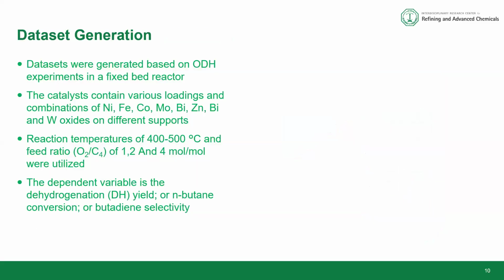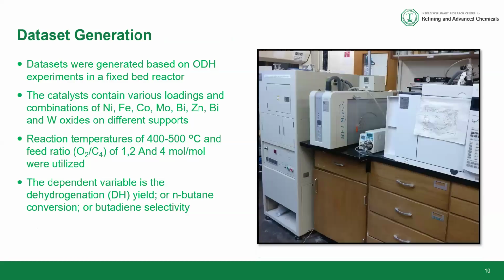So like I mentioned, this data was generated experimentally. So perhaps it may not be as huge as data gathered from the literature or based on maybe high throughput analysis. However, to a satisfactory level, it also agrees with the models that we have developed. They are generated based on experiments in an in-house reactor at our facility here at the center.